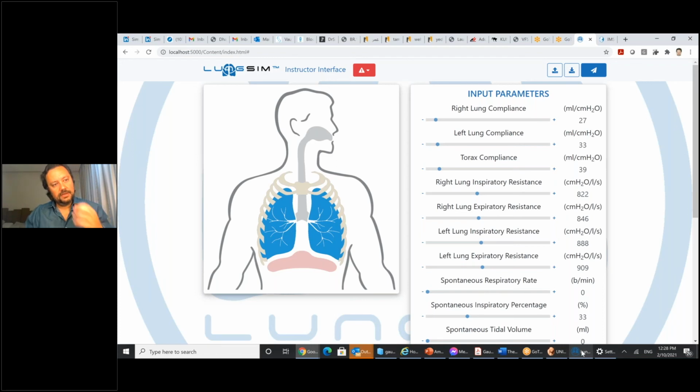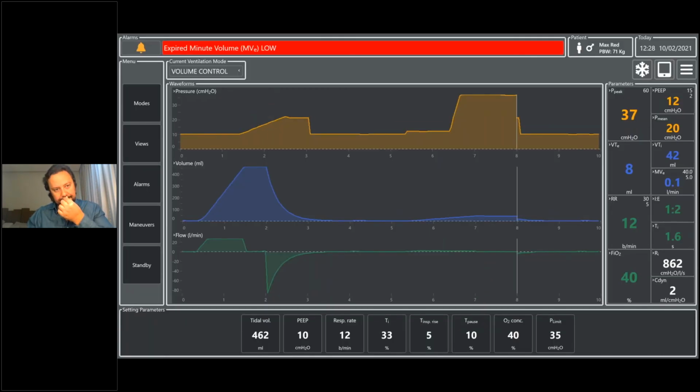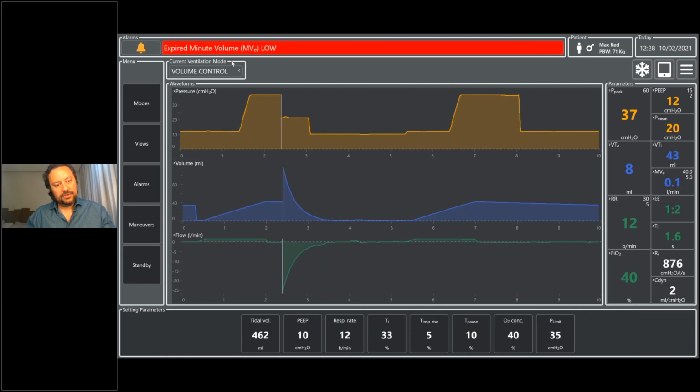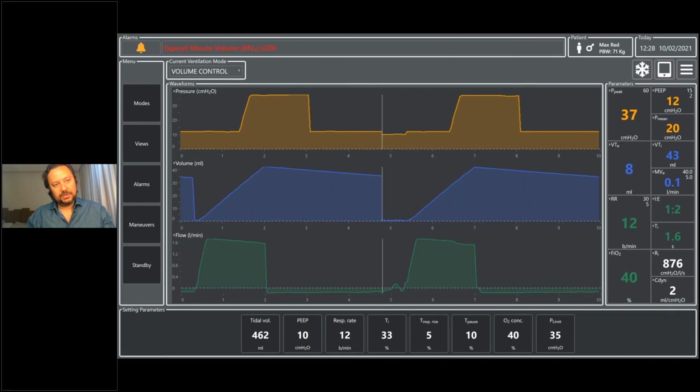So now the volume is low. It's telling us the minute volume is low. Everything is changing, all the parameters are changing. The peak pressure is 38, it's also elevated. So what I have to do now is to increase the tidal volume, which I cannot do because I have reached peak pressures.